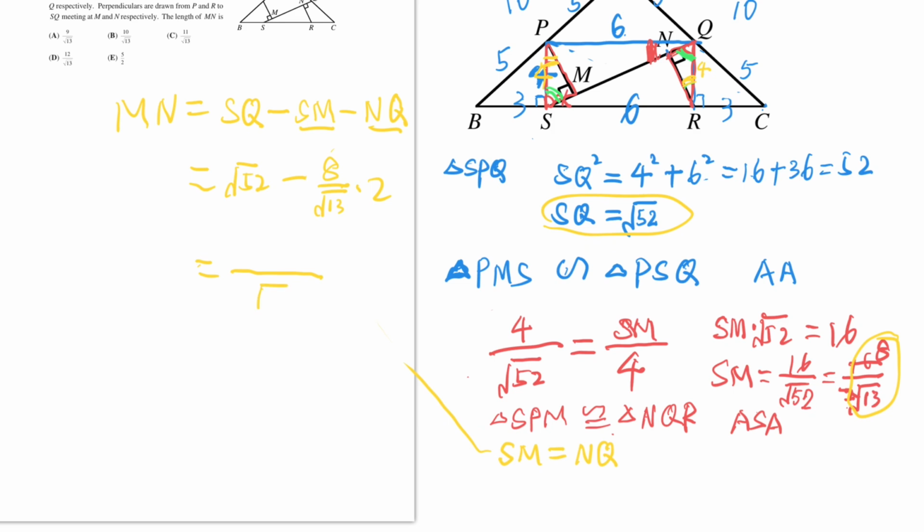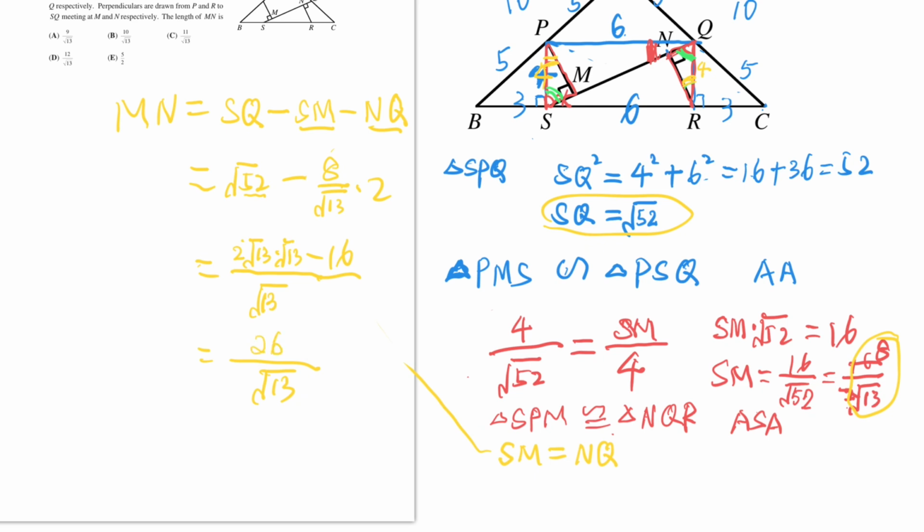Now root 13 equals root 13, times root 52. Root 52 is 2 root 13, times root 13 minus 16. So that's root 13 times root 13, that's 13 times 2, 26.